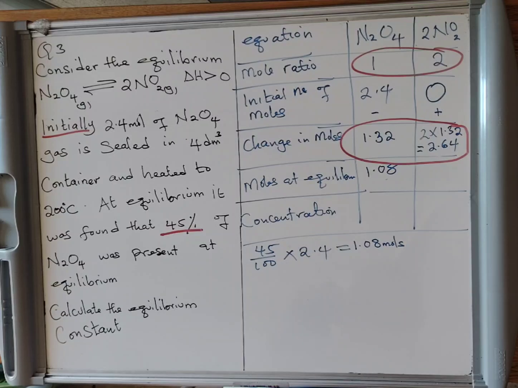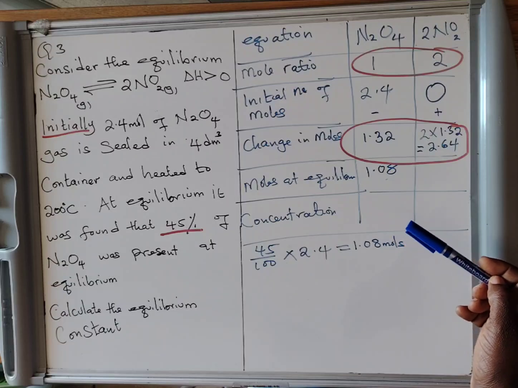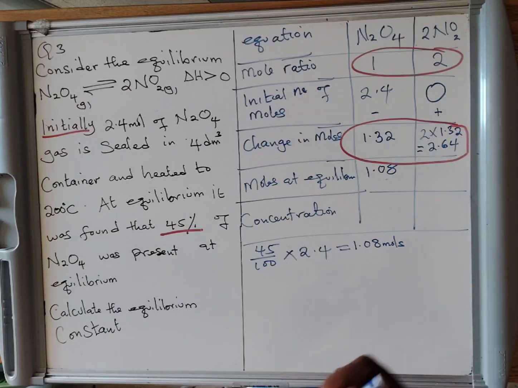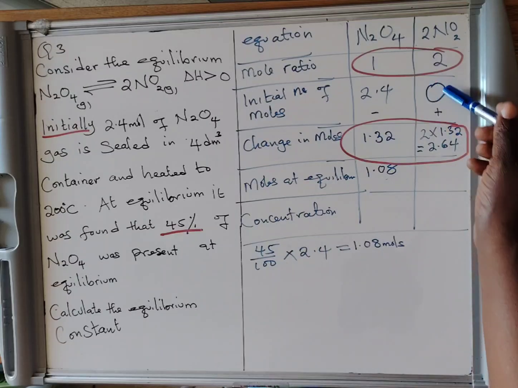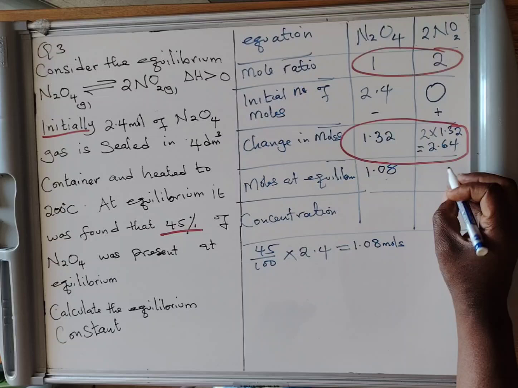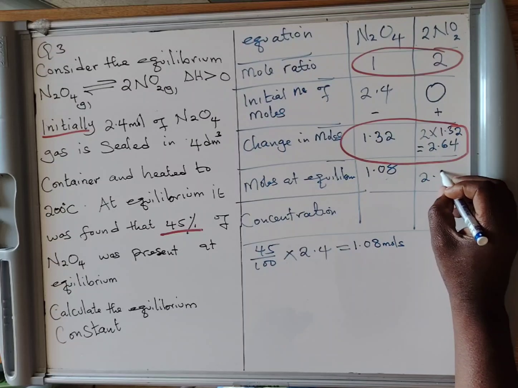From here, you have to remember that the number of moles of the product is increasing, so that's why you are adding. So 0 plus this, you get a number of moles at equilibrium, which is going to be 2.64.